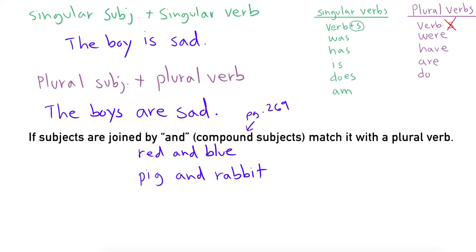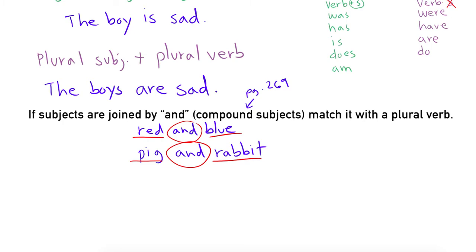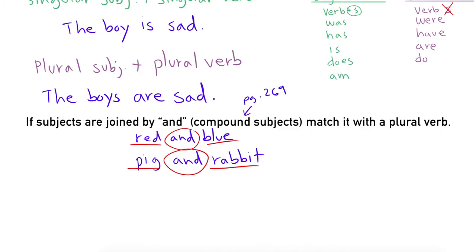By themselves, they are singular, but once they're connected by and, they become a compound subject, so they become plural. So when singular subjects are connected by and, we have to match them with a plural verb.